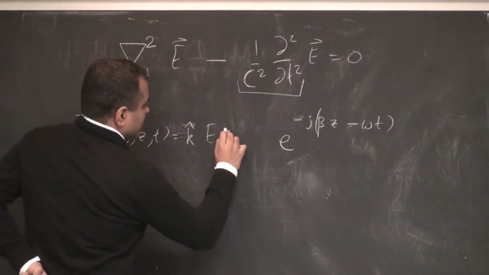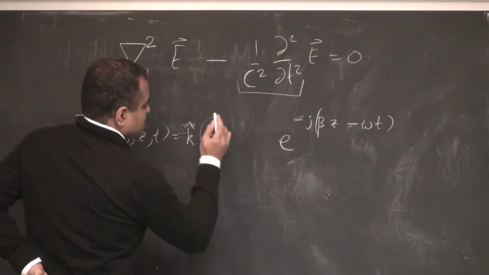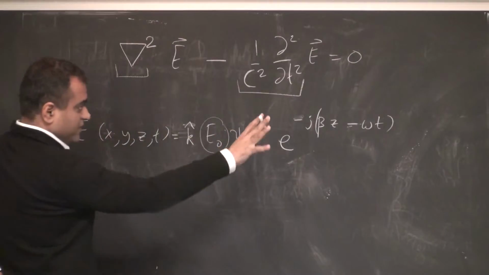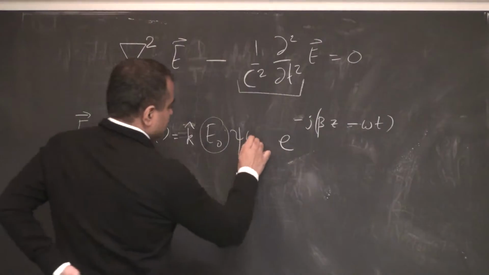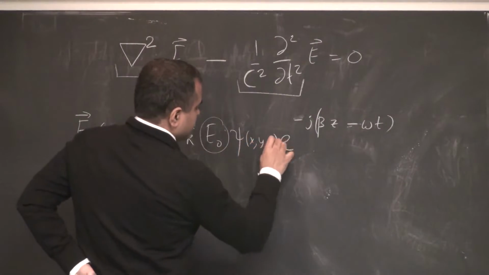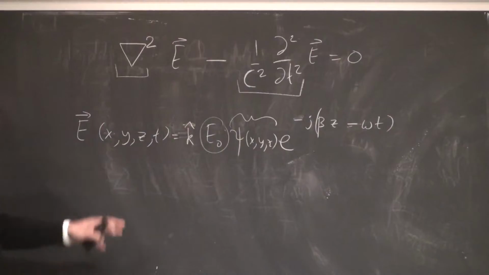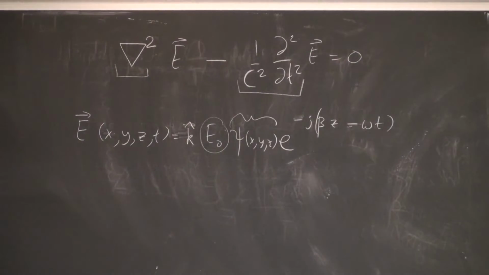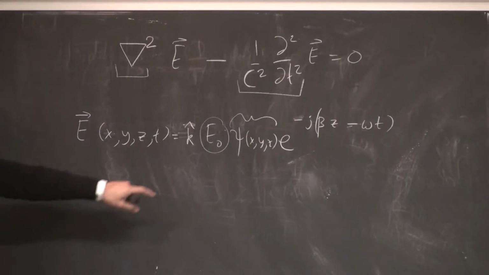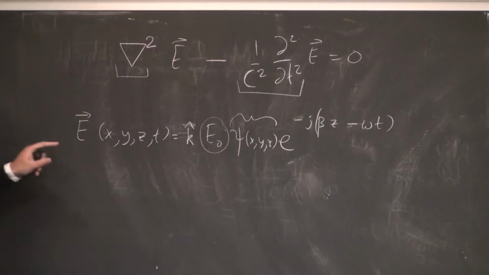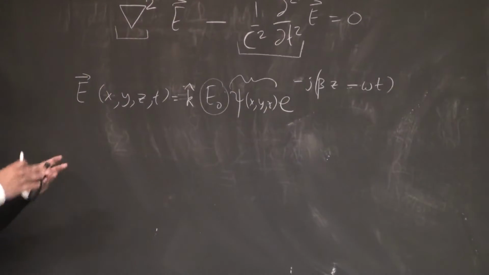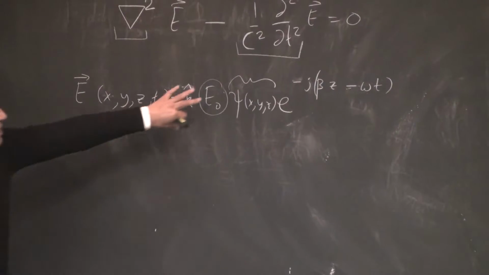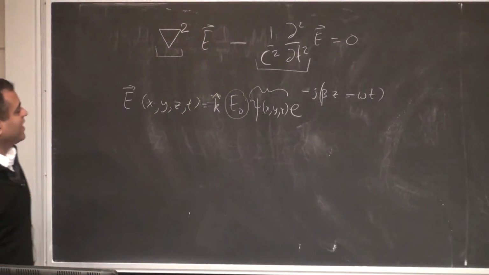This is the amplitude, but the shape of the electric field in the x, y, and z directions is captured by this function here. This is very similar to what we had done in the beginning of the course for Gaussian beams. If you go back and check. So we just take this and plug it back in there.